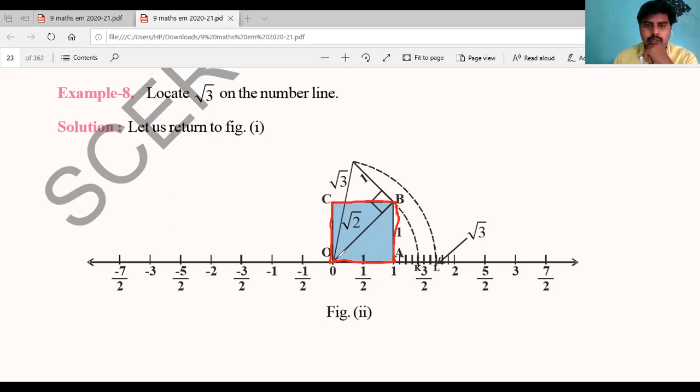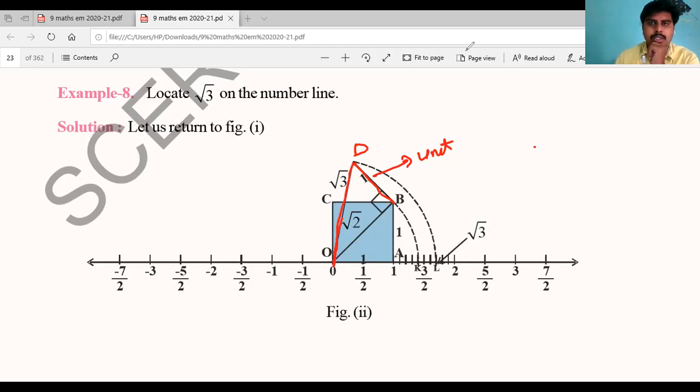Now you know this value is root 2, right? Now with the vertex B, draw one more line which is of unit length and join these two. This is B, consider this is D, and join this D and O.